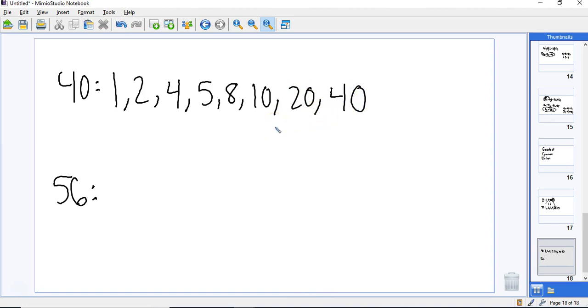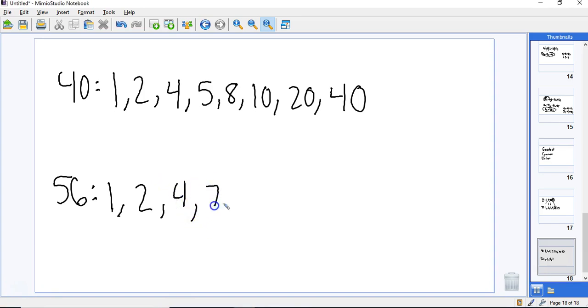Now, 56. We've got 1, 2 goes into 56. We've got 4.